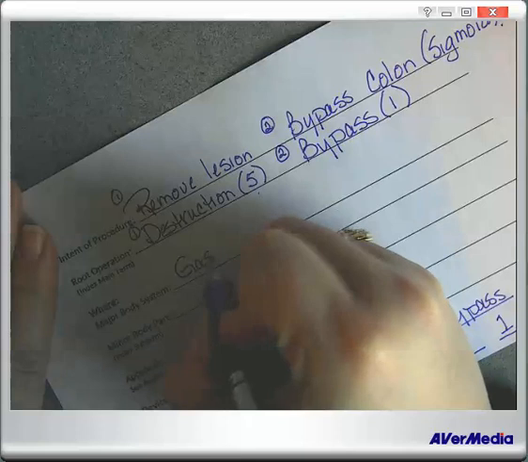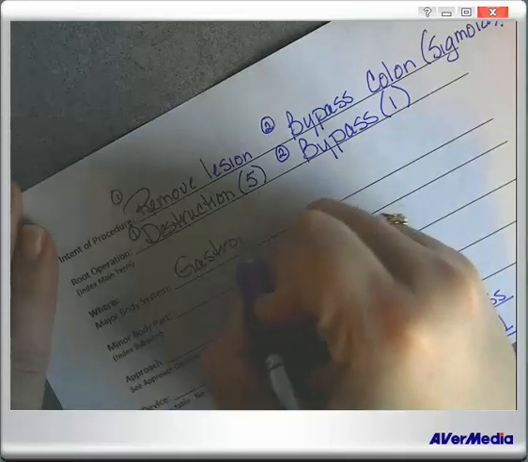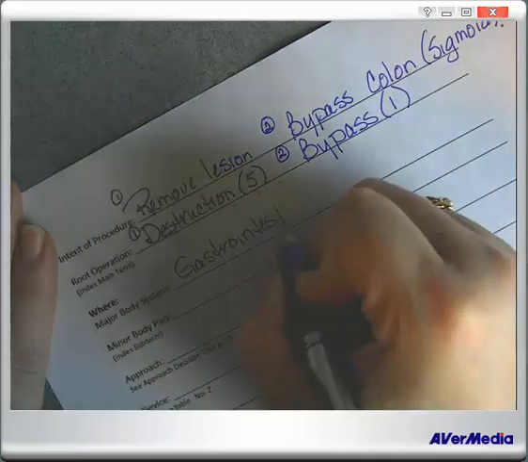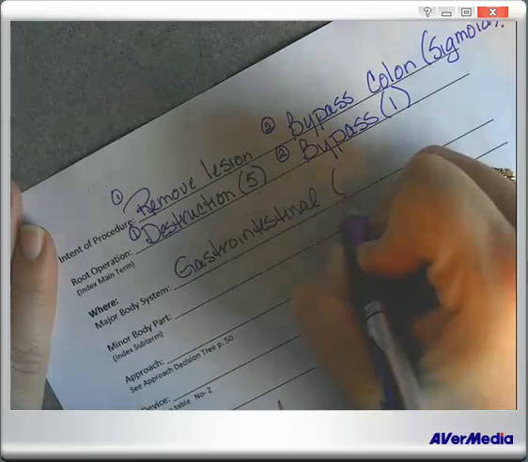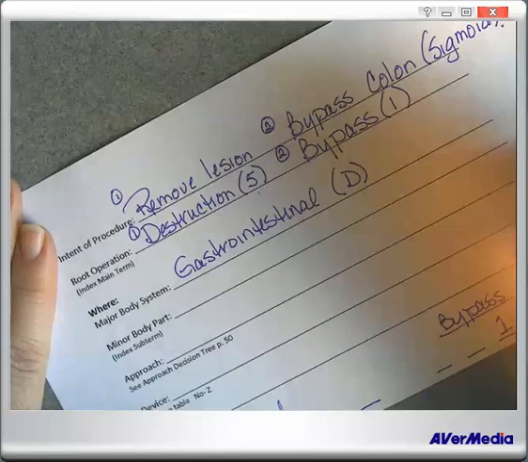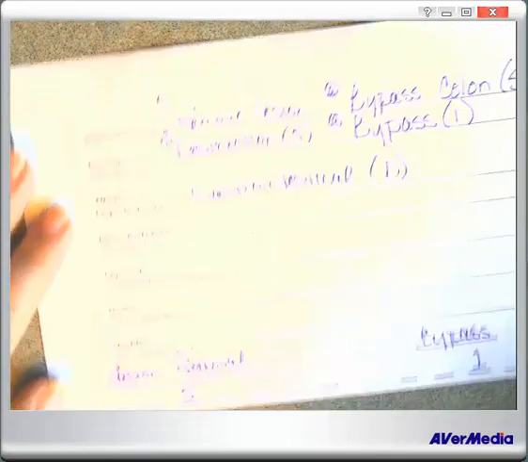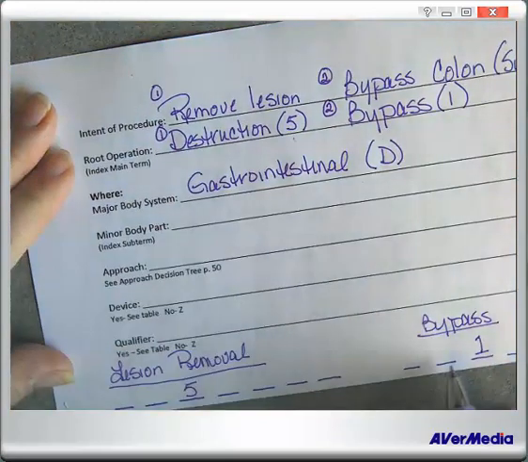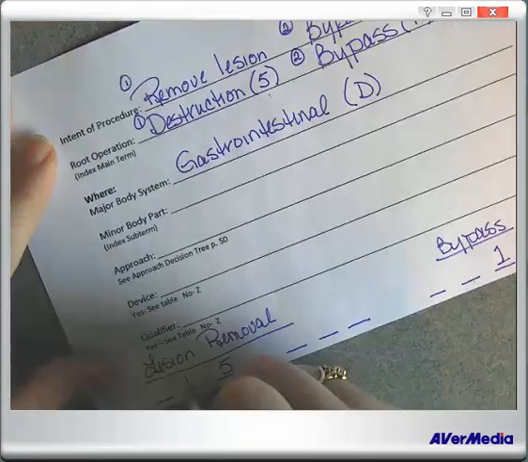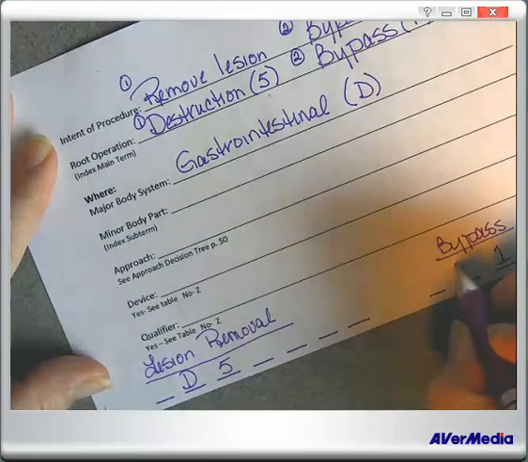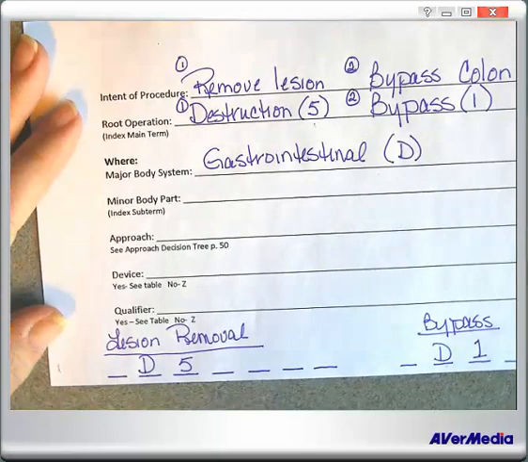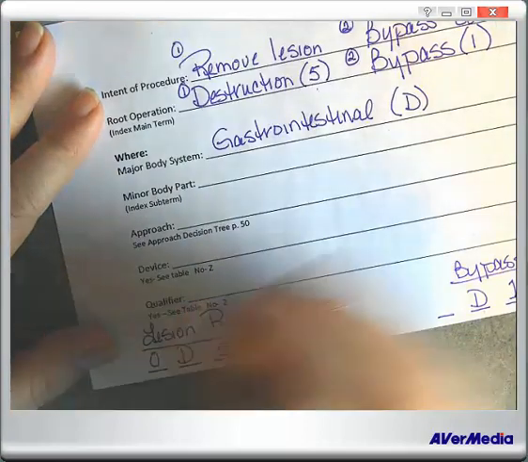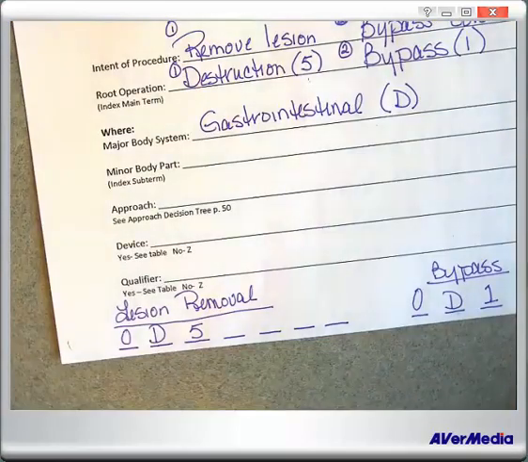Gastrointestinal by the value D. So our major body system is our second character. So let's put that there, D. We know that our first character is going to be 0 because it's a medical surgical, okay?